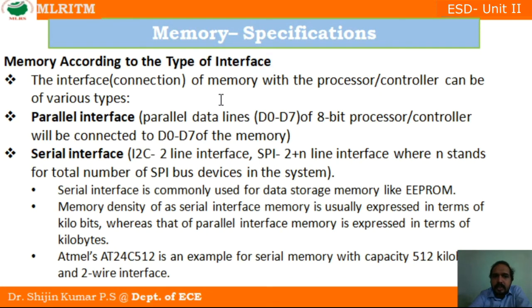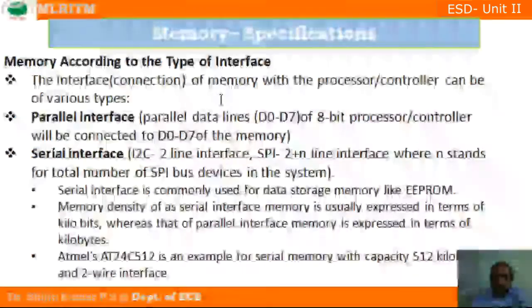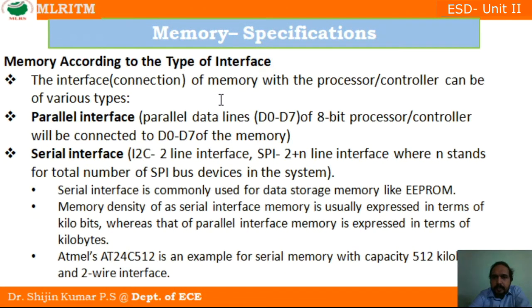So the device we are using to connect a peripheral with the processor is a bus. Here we are considering an example of an 8-bit processor. An 8-bit processor is capable of processing 8 bits of data, so the data lines will be D0 to D7.